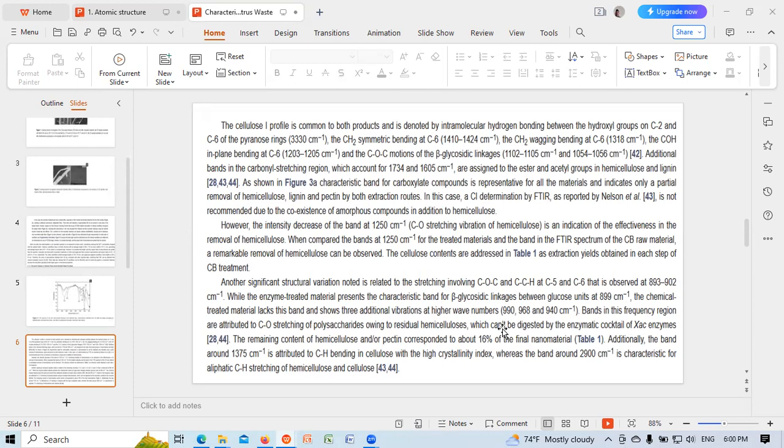The chemically treated materials lack these bands and show additional vibrations at higher wave numbers: 990, 968 and 940 per cm.